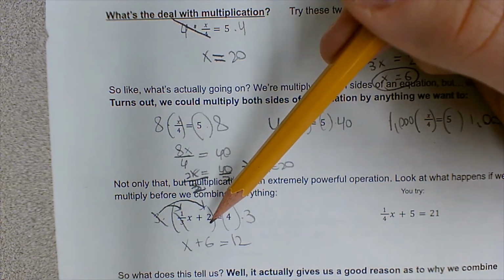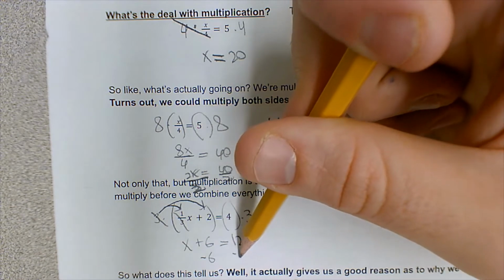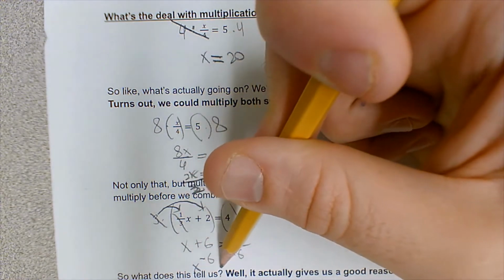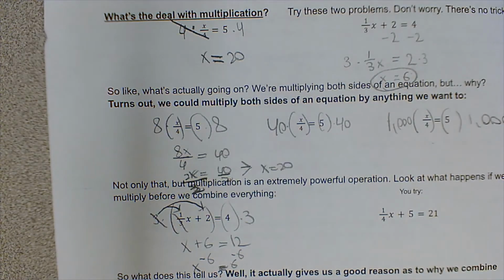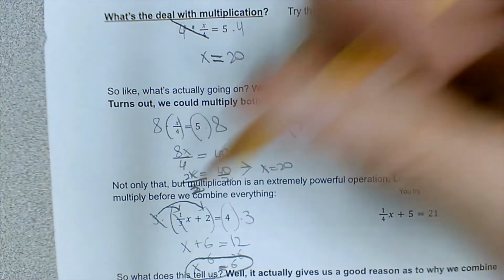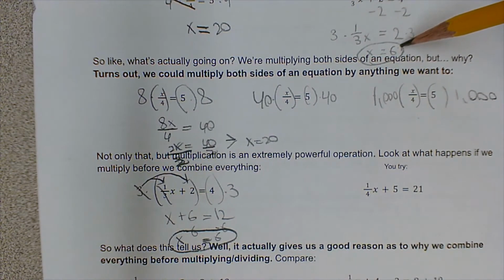So I distributed, got numbers, then I want to subtract 6 from both sides, and I find that x equals 6. That was the same answer we got above, but we had to do all this distribution before we got our answer.